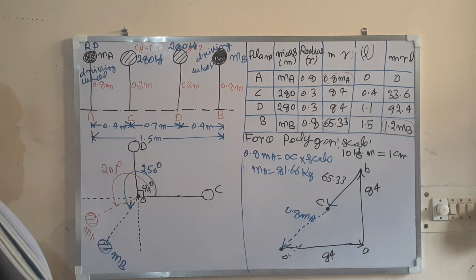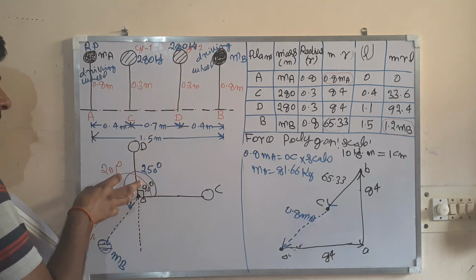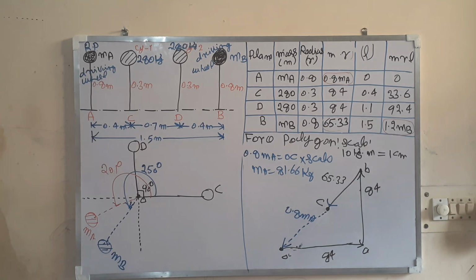So you see that you have calculated the balancing mass in the driving wheel planes A and B, and also their angular positions. So I think you have answered everything.